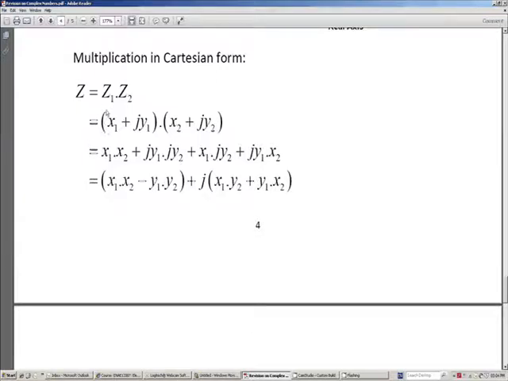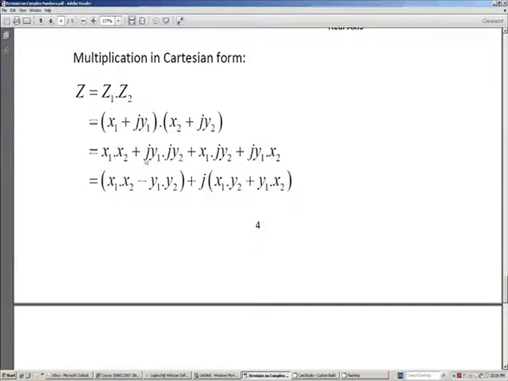So all you need to do is substitute x1 plus jy1 multiplied by x2 plus jy2, and then multiply the real part separately, x1 into x2, and the imaginary part separately, jy1 into jy2, plus there will be two other terms, cross multiplication, x1 into jy2, and then jy1 into x2.